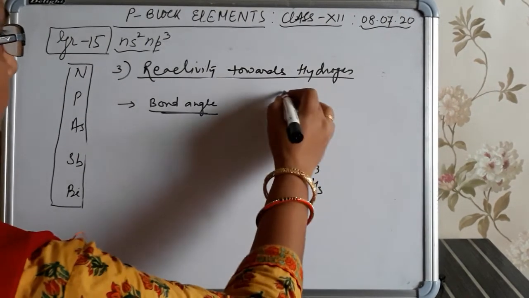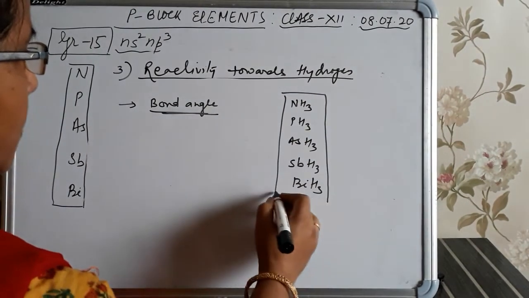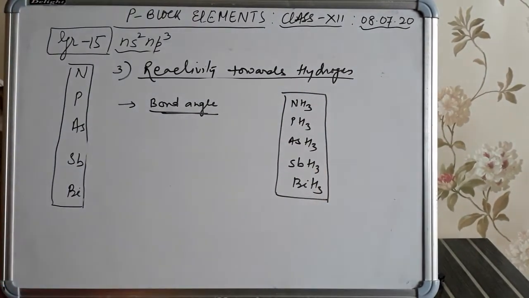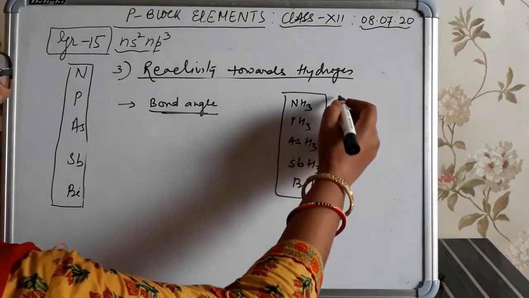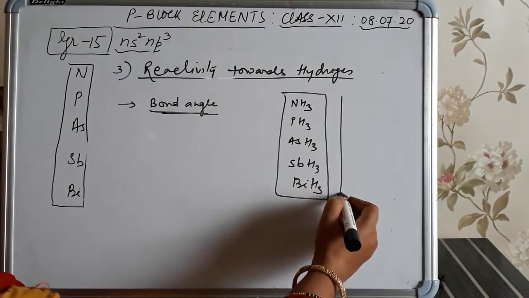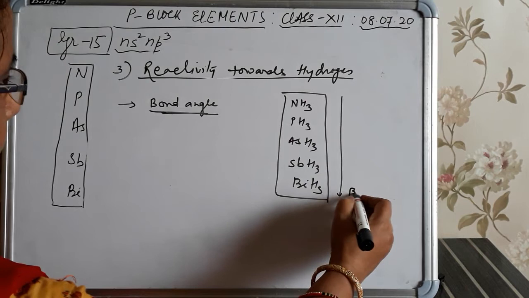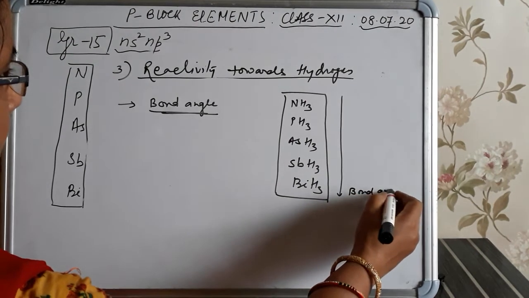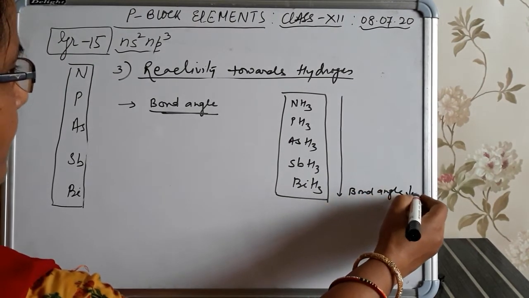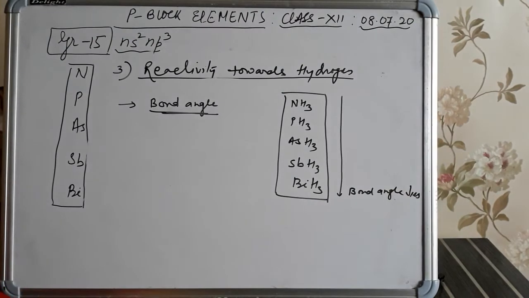We have the hydrides of the particular group. So as we know, down the group electronegativity decreases, so the bond angle also decreases. So when we move top to bottom, bond angle decreases, because electronegativity of the atom decreases.